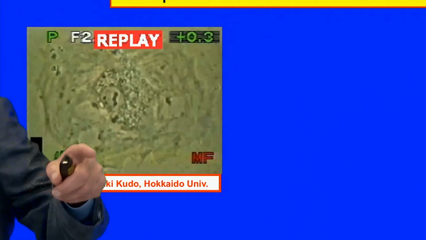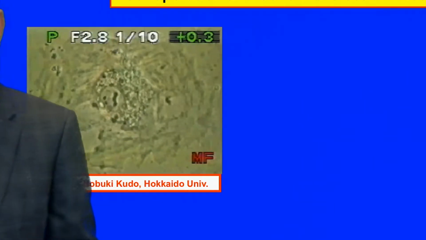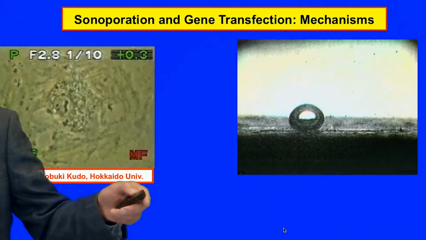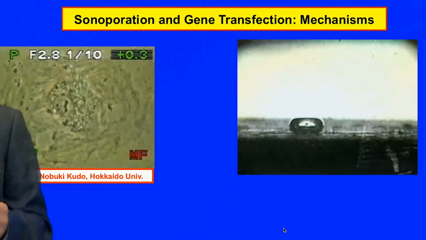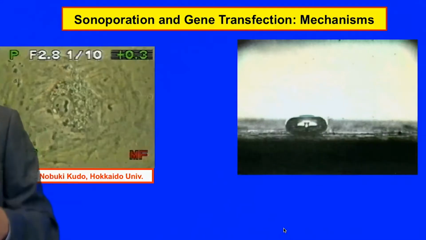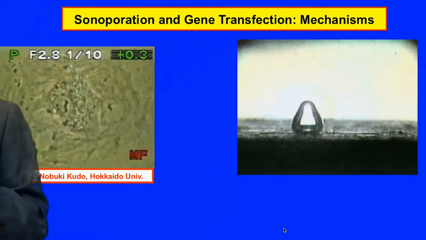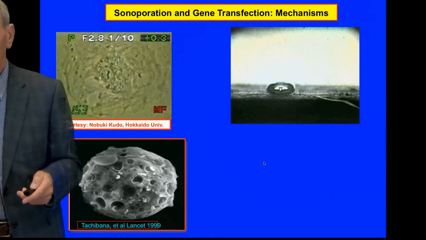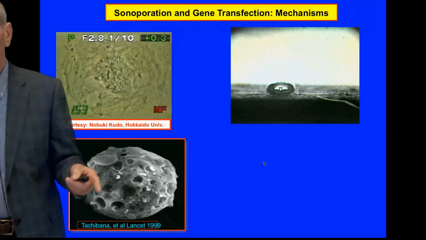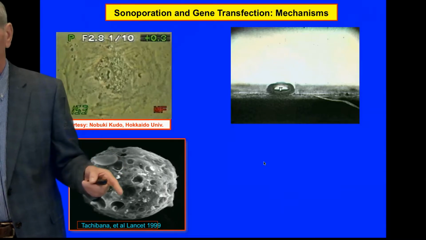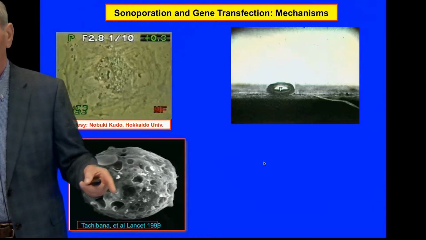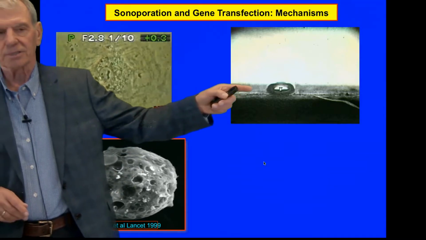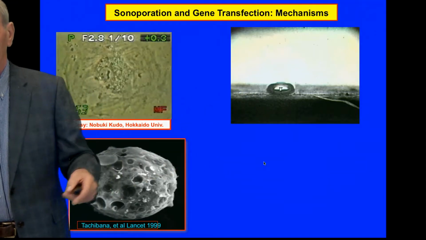Bang. Well, it depends on how visible this is to you. So what's happening there is that the bubble could be producing a liquid jet, and the liquid jet could be knocking little holes in the cell wall. And Tachibana published a paper when he had cells, and you see all these little holes popped into the cell there. And this is some indication that these jets are causing damage.